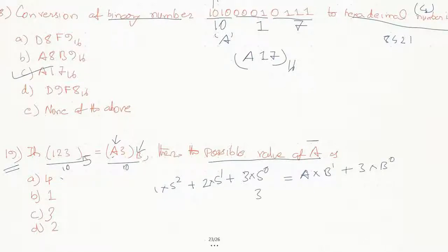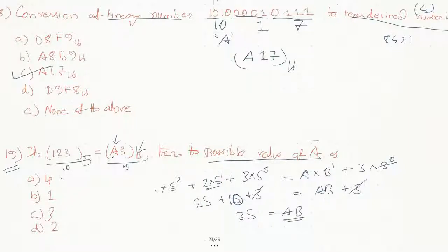It will be 3 plus 10 plus 25, right? 5 times 5 is 25, and it will become AB plus 3, because it will evaluate to 1. So let's remove 3. Well, it is not 5, it is 10 actually, right? So it will evaluate to 35 = AB.